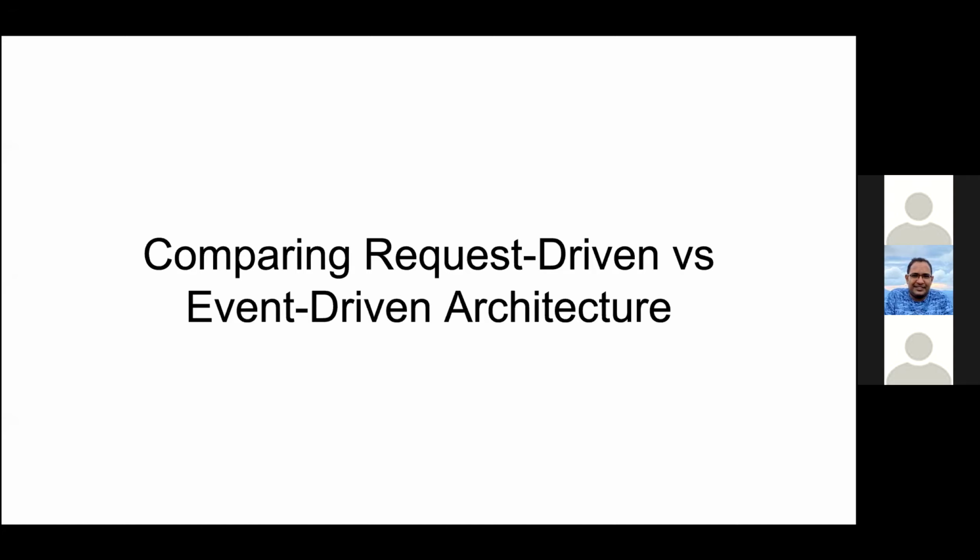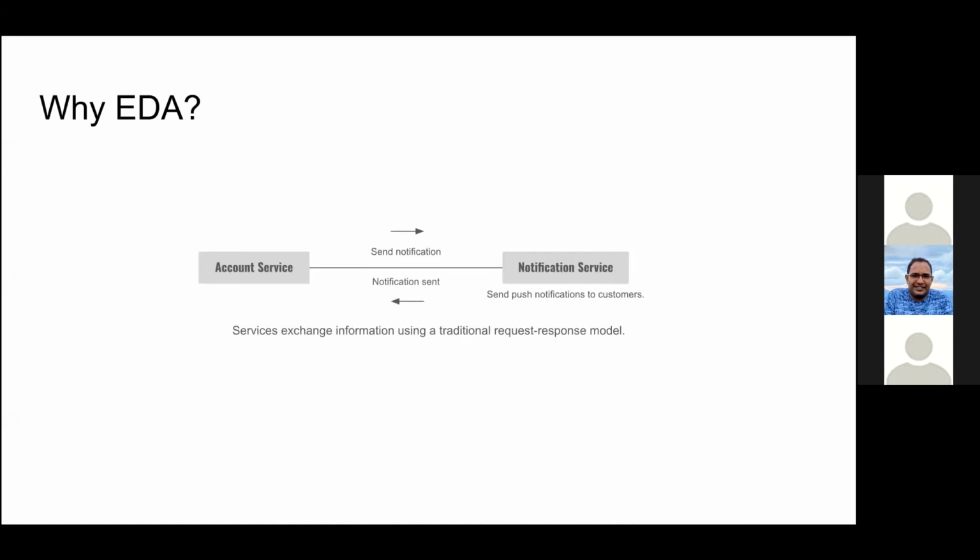That's why I feel this is something most people here are more familiar with, so I will put them together so that we can compare how they differ. Let's begin with the traditional request-driven model.